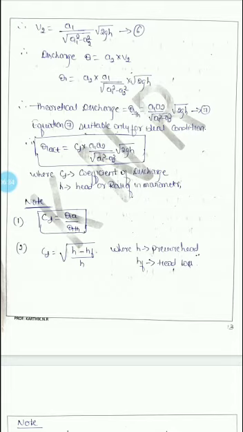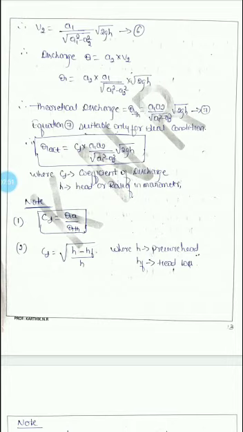We have to know two very important points about Cd. Cd can be found as the actual discharge divided by the theoretical discharge. If the Cd value is not given in the question, then we need to assume Cd as 0.98 for a venturimeter. Cd can also be determined as the square root of H minus HF divided by H, where HF is the head loss.